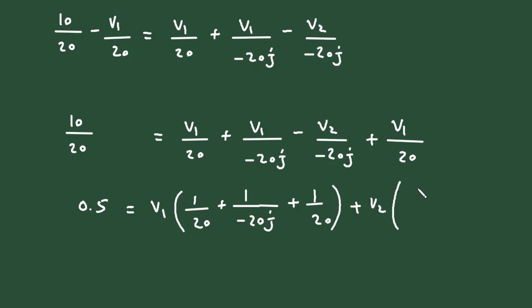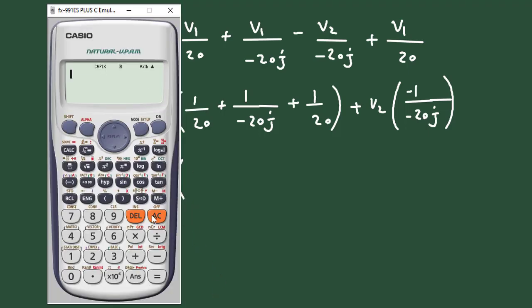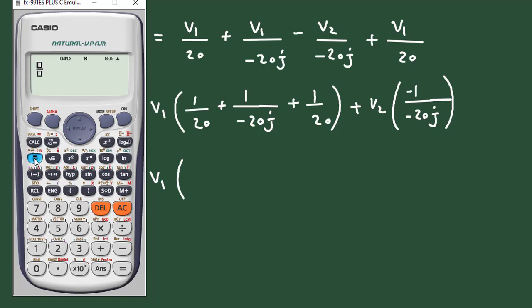So minus 1 by minus 20J. 0.5 is equal to V1 in bracket 1 by 20 plus 1 by minus 20 into J plus 1 by 20.